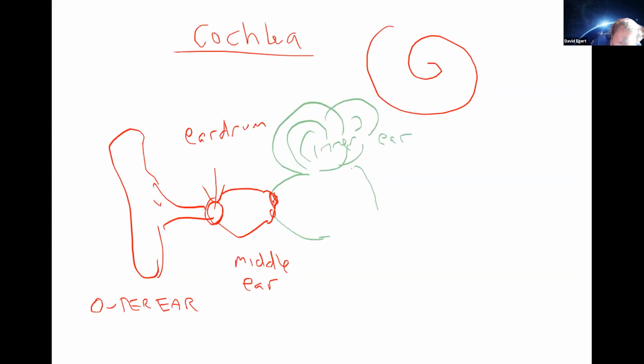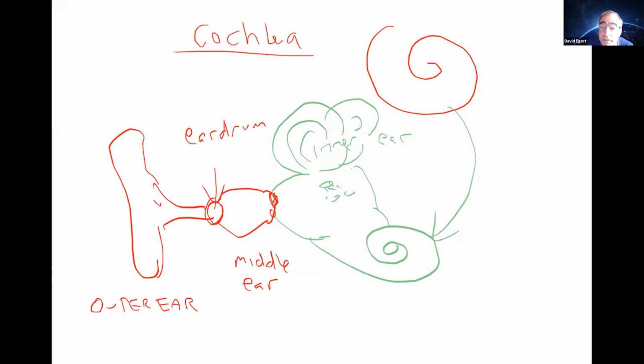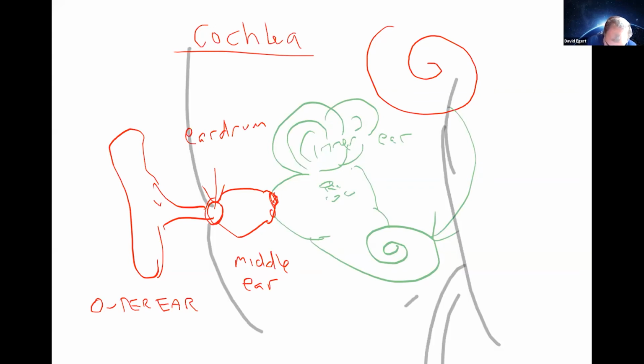It has the saccule and the utricle here in the vestibule. And then it has this big snail-like thing sitting on the bottom there. That's where the special sense of hearing happens. And again, a reminder to you all that all of this stuff is in the skull.